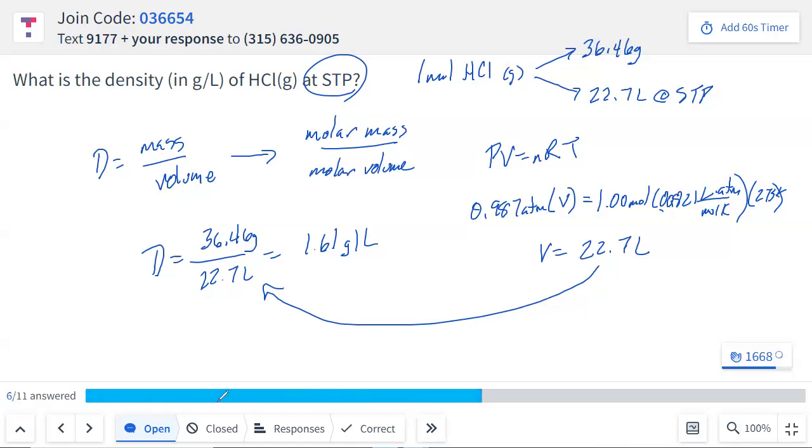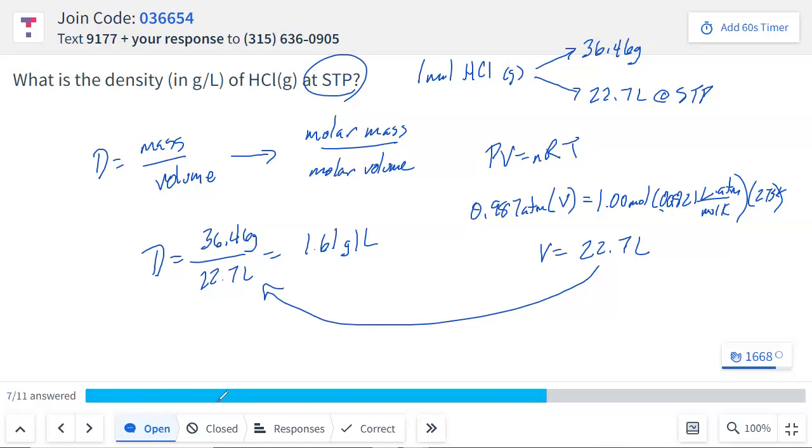So if I was not at STP, so I used STP conditions here, but let's say that it wasn't. Let's say that it was 3 atmospheres and 300 Kelvin. All I would do is just substitute those values in and solve for V. That value of V becomes the denominator of my density calculation.